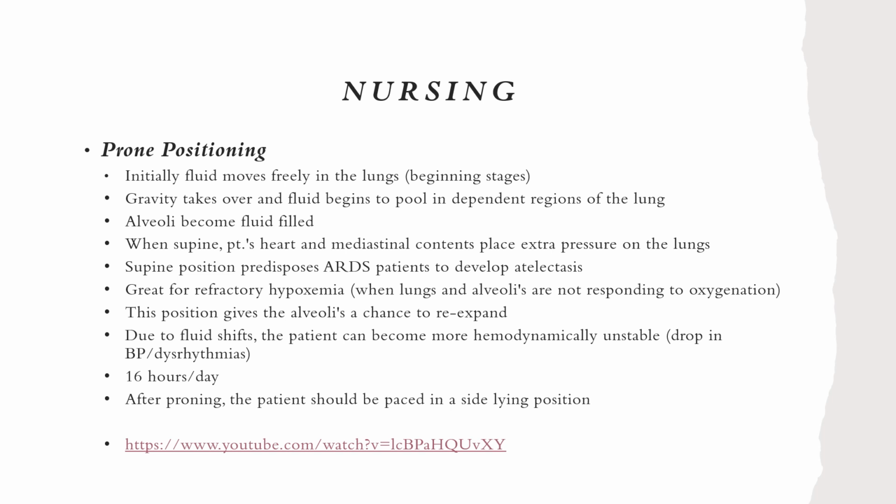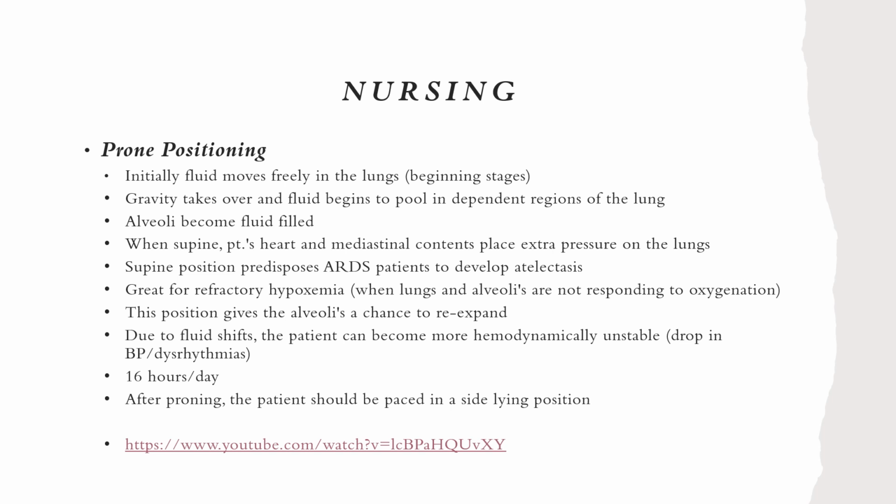So proning is very, very useful in helping secretions and fluid drain right out of the alveoli. It's offloading your alveoli and taking a lot of pressure off of them. It's also taking that pressure from the heart and the mediastinum off of your lungs and alveoli as well. That's just going to help offload your lungs and your alveoli. It's going to help open up your alveoli, which is going to help create that space for gas exchange.